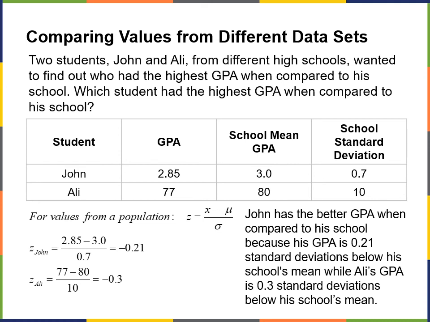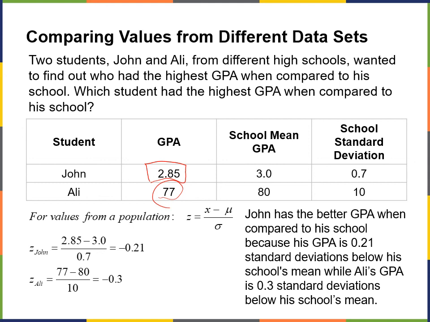Some schools calculate GPAs differently. In this case, John's GPA is calculated using a more standard scale. A 4.0 scale is what a normal GPA would be calculated out of, and his GPA is 2.85. Allie is calculated on a 100-point scale, and her GPA is 77.